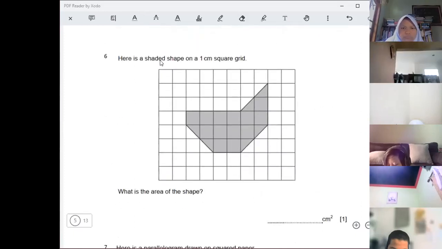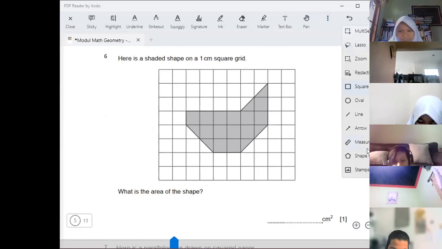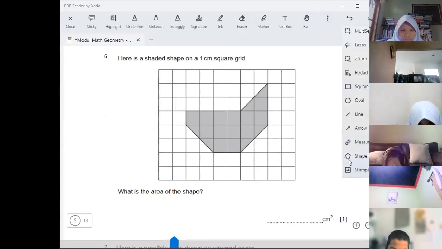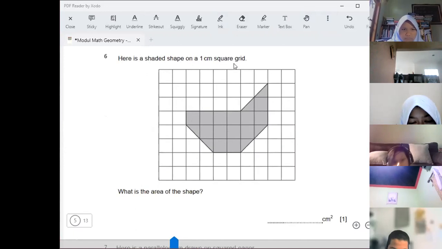For this, here is a shaded shape on a 1 centimeter square grid. What is the area of the shape? Oh, this is quite easy, I think. How do you do this, class? Can anyone help me, right in the squares on the screen?